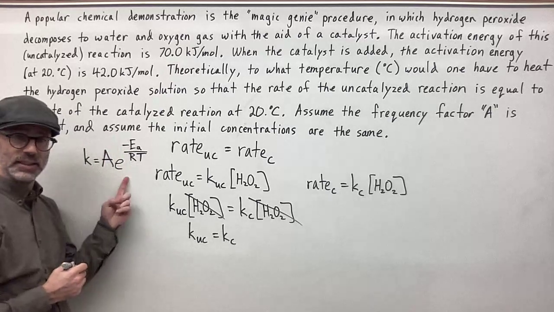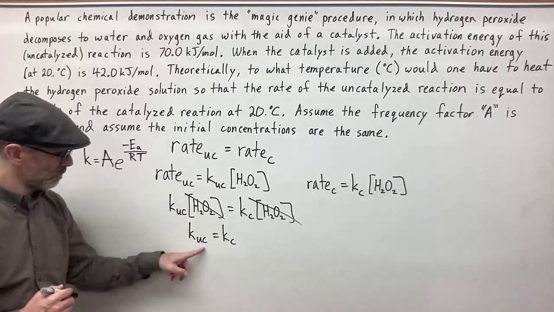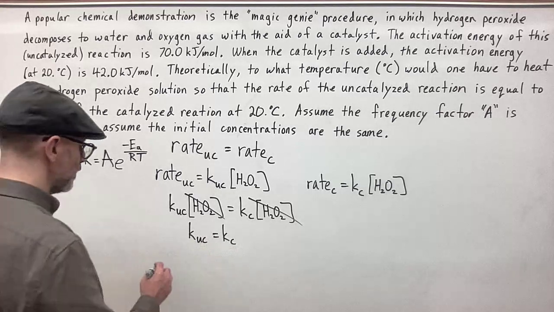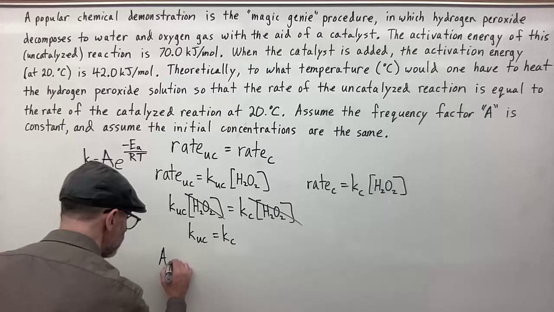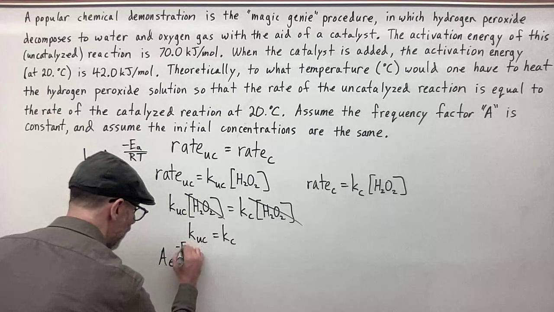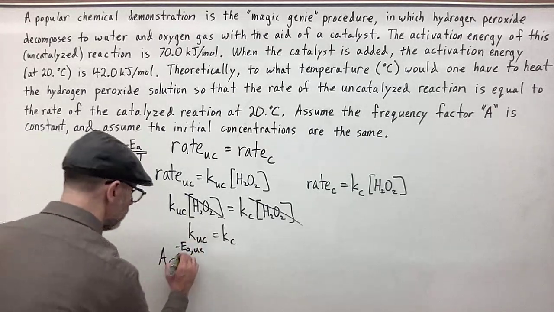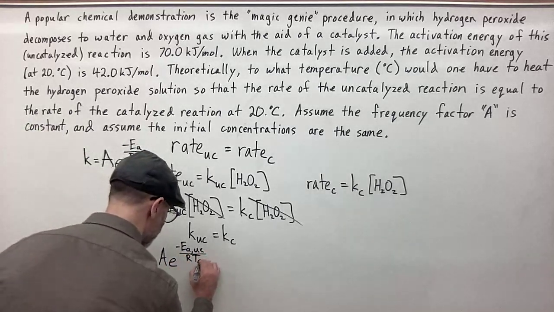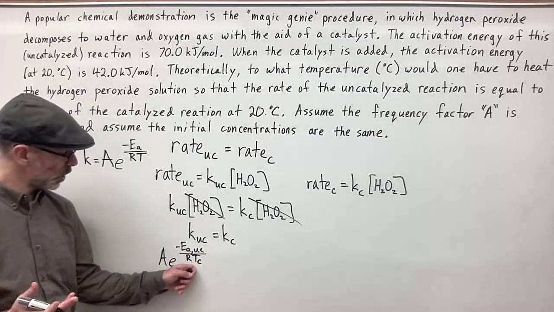Since the rate constant is equal to this, we can plug that in for each, just making sure we identify uncatalyzed versus catalyzed. So in this case, we would have A times e raised to the power of negative activation energy of the uncatalyzed, so we'll put UC there, divided by R times T, the temperature of the uncatalyzed, because again, the temperatures are going to be different, so we have to distinguish those.